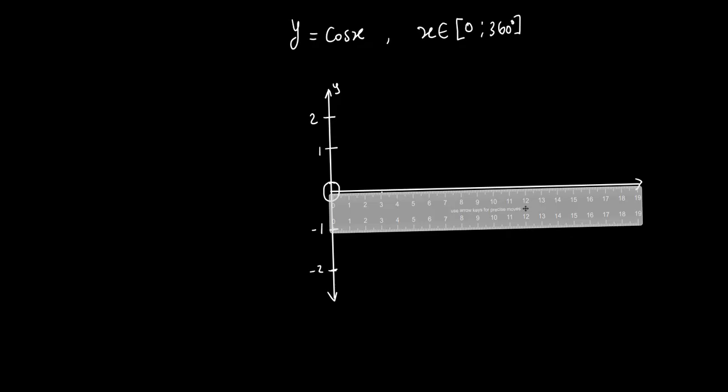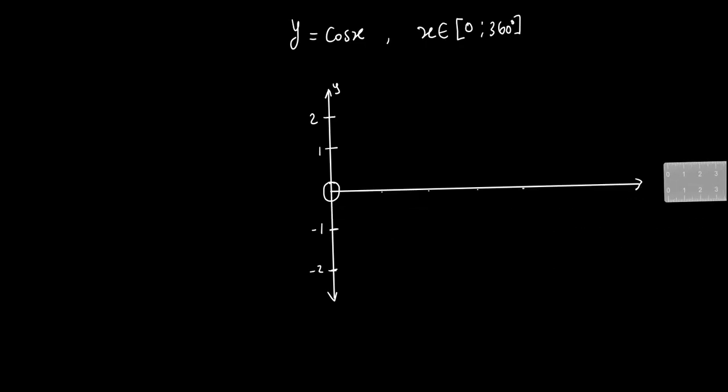So now, how do we count here? Do I have to count using 0, 10, 20, 30 or 0, 1, 2, 3, 4 degrees? Well, you just have to remember the period of a cosine graph. We said for cos and sine, the period is 360 degrees, right?